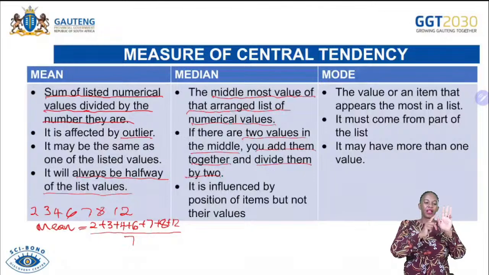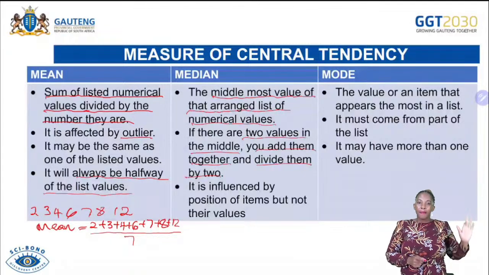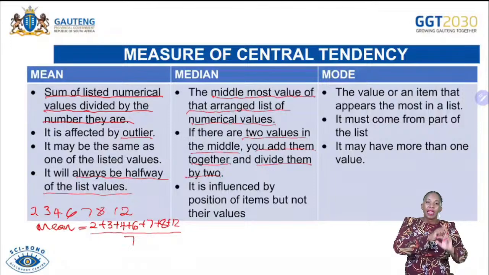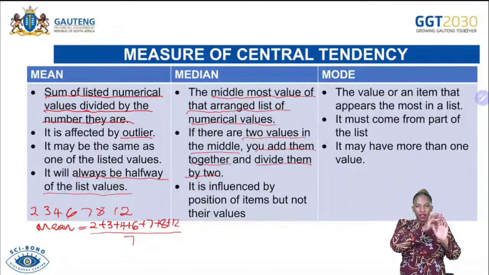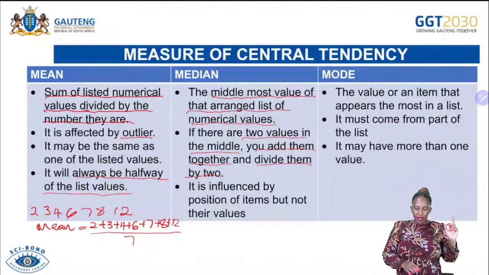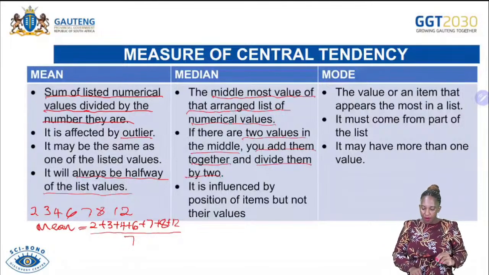Bend my pinky finger, bend my thumb, and then bend my ring, and then bend my index, and then I am left with the middle finger. So this middle finger now, we say it is my median because now it is in the middle of the set. 2 on the left and then 2 on the right. This one, it will be my middle finger. Then it will be my median.